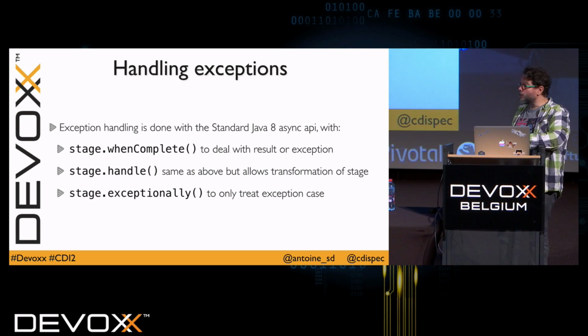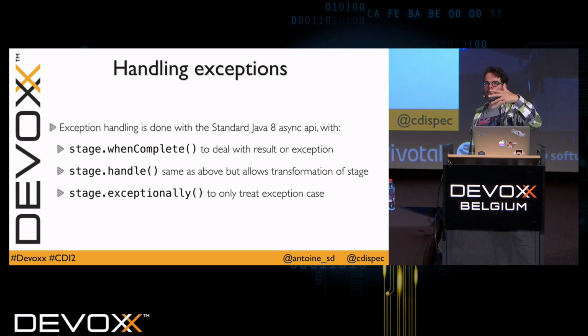So all of this is not CDI specific. It's coming in Java 8, and it's the API we have in the new CompletionStage, and perhaps the CompletableFuture feature. You may be more familiar with the CompletableFuture API.